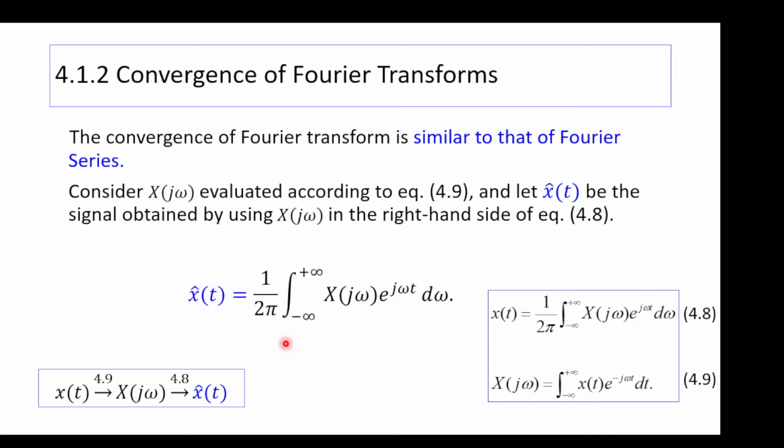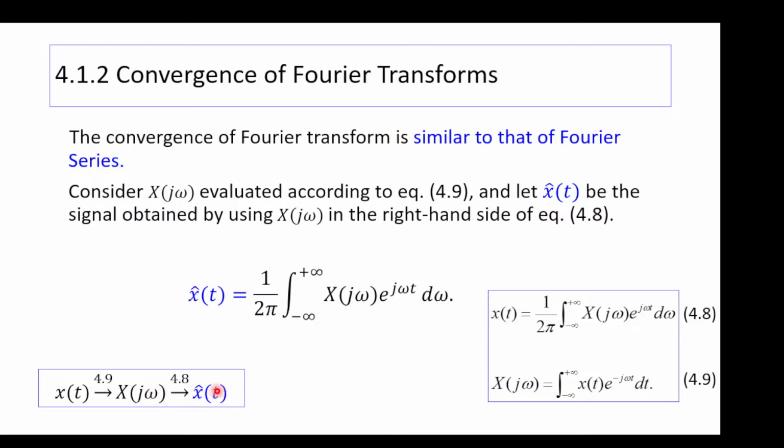Just like the continuous time Fourier series, the continuous time Fourier transform also has convergence issues. What we want to check is this: we take x of t, now a non-periodic signal, and use equation 4.9. You put in x of t, do the integration, and get some big X of j omega, and then use 4.8 to get some x hat.